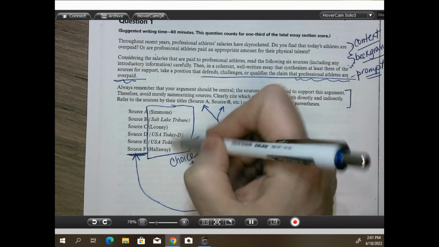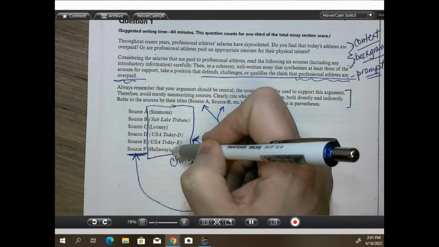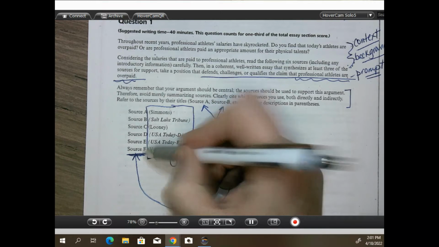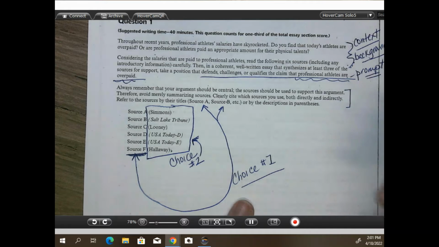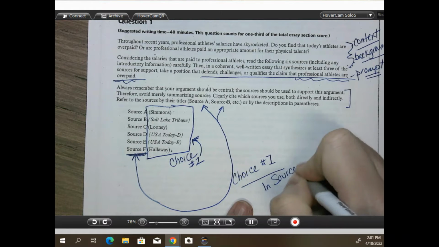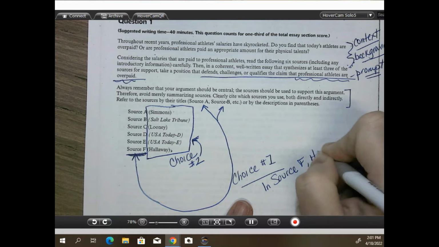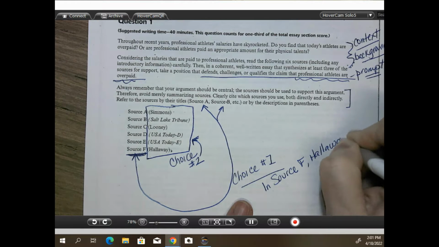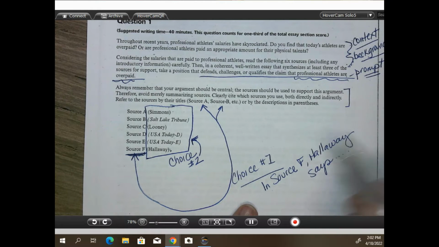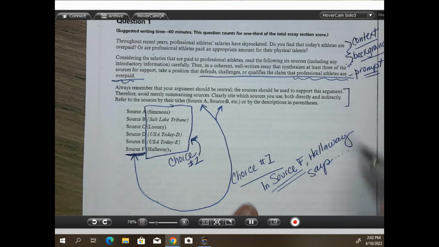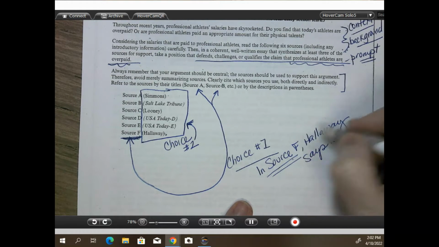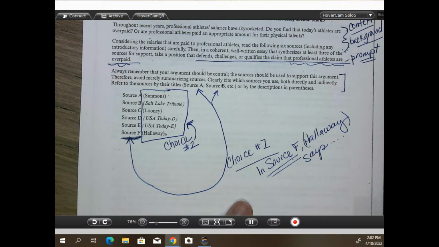If you are using the formal citations, why would you reference what letter it was? So if you are doing choice number 1 and you say in source F, Holloway says, blah, blah, blah. This is the citation. So you are using choice number 1. This is simply the subject of the sentence.